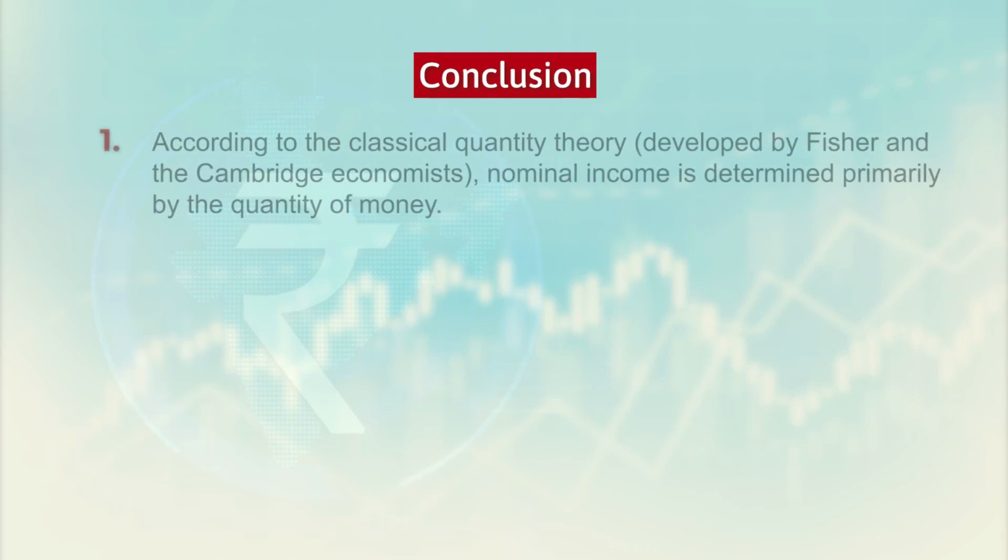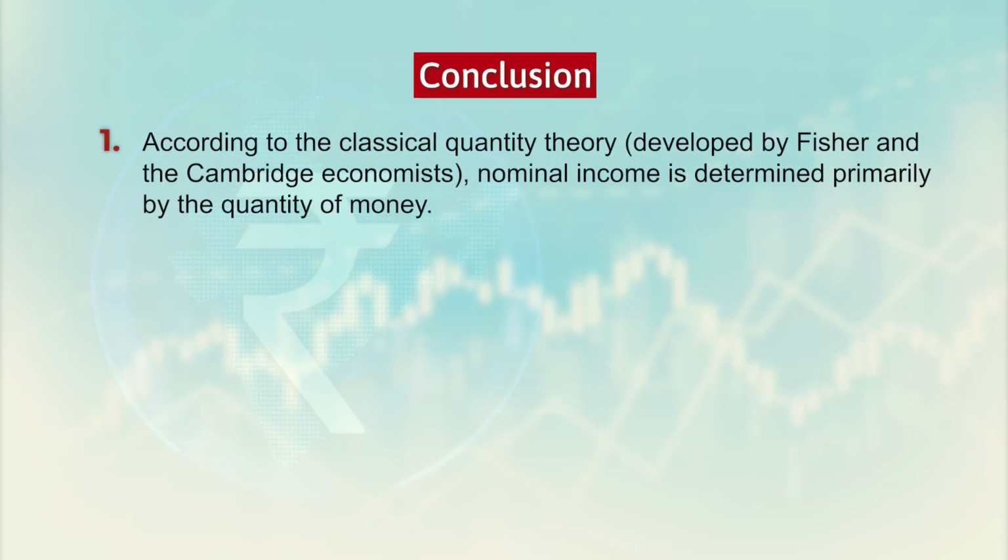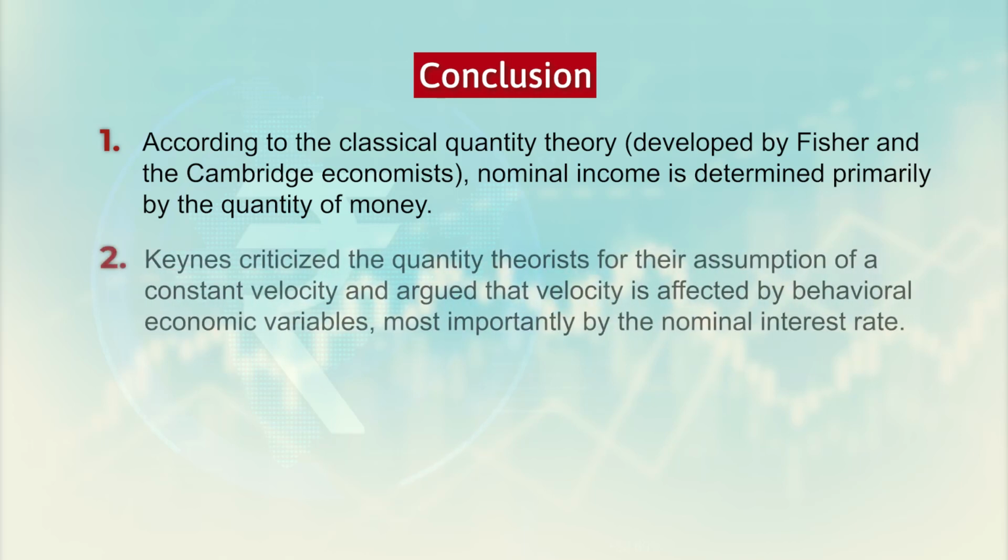So at the end, what are the basic messages from this demand for money 2 lecture? Number one, according to the classical quantity theory developed by Fisher and the Cambridge economists, nominal income is determined primarily by the quantity of money. And Keynes attacked this view.